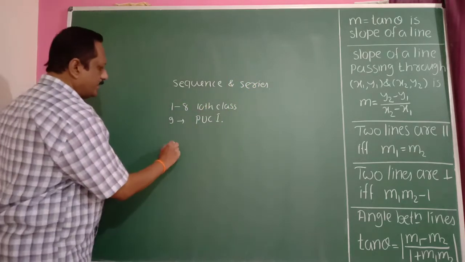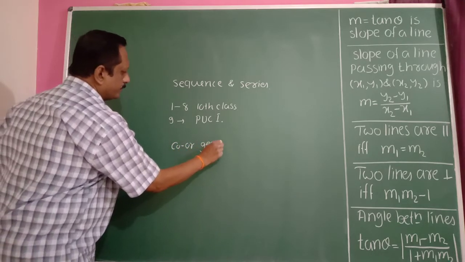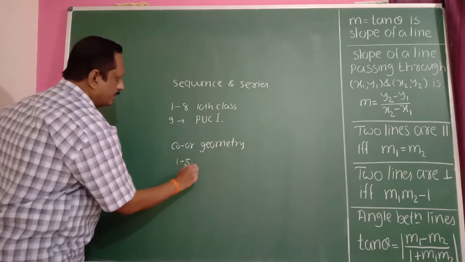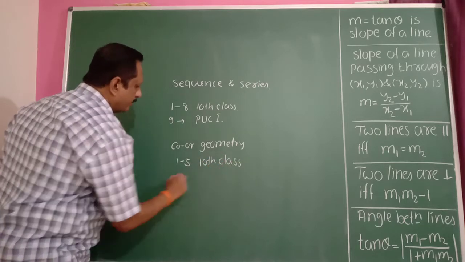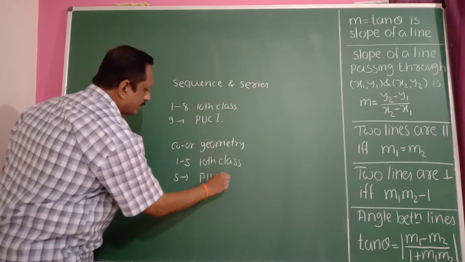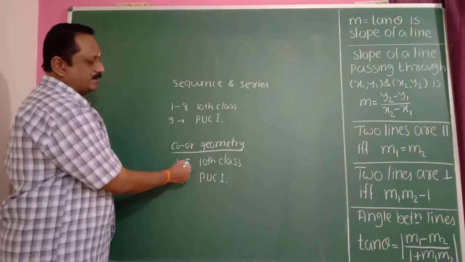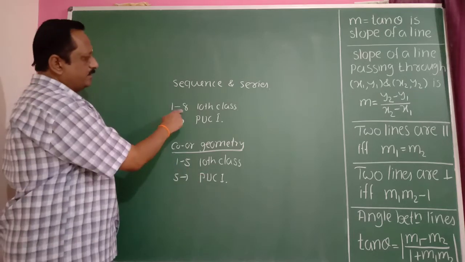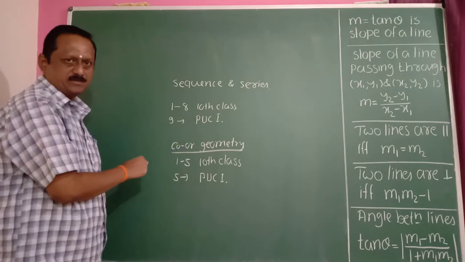And in the coordinate geometry, 1 to 5 is 10th class syllabus. From 5 onwards PUC first year syllabus. Then 1 to 8 is 10th class syllabus here. From 9 onwards PUC first year syllabus is there. Okay, remember it.